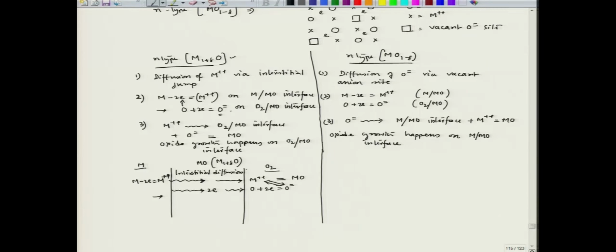So, the oxide growth happens on this surface. Okay, so this is a typical mechanism we have here, and on the other side this is the growth interface.